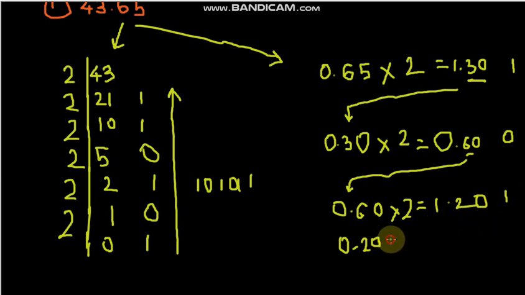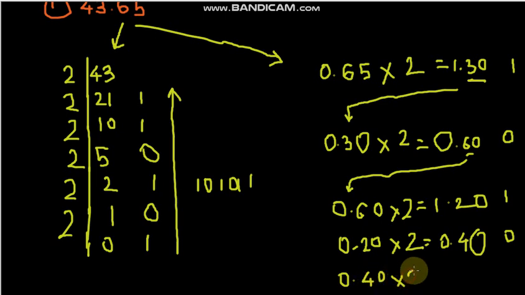Now 0.20 into 2, again multiplying by 2, we get 0.40, and this 0 on the right hand side. Now 0.40 into 2 gives us 0.80, and this 0 we write on the right hand side.